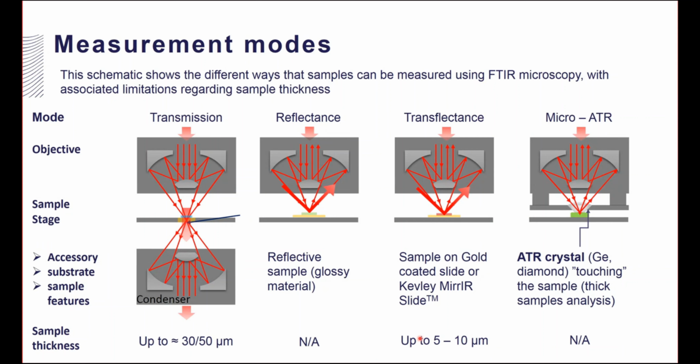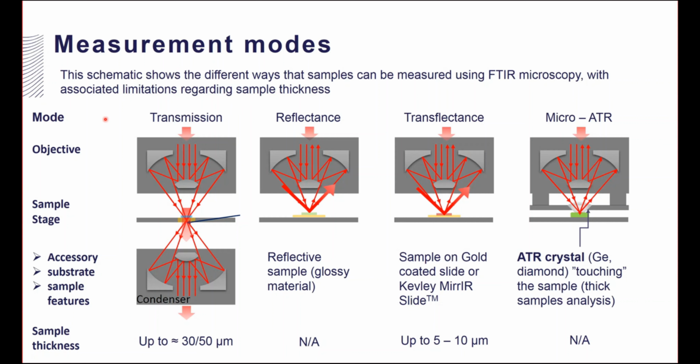We can measure in Micro-FTIR imaging basically in 4 ways. These schematics show how the signal is collected in Micro-FTIR imaging, or also in single point, and I also try to highlight the limitation regarding the sample thickness in some cases.